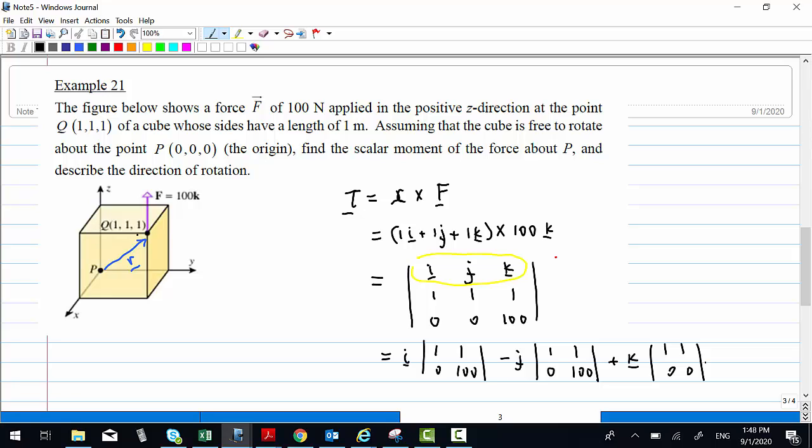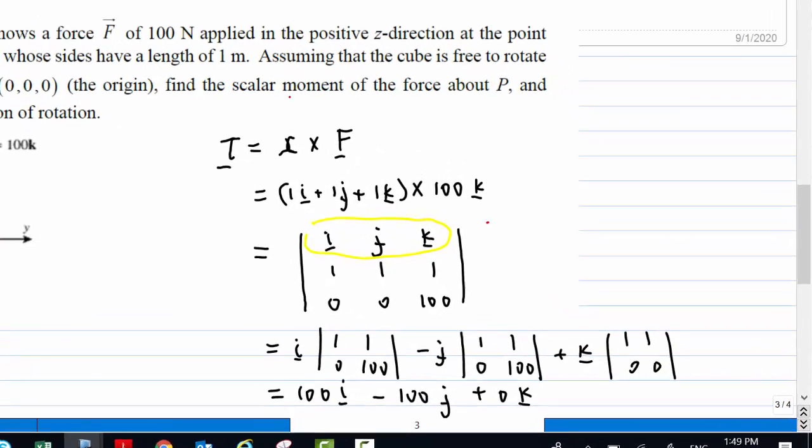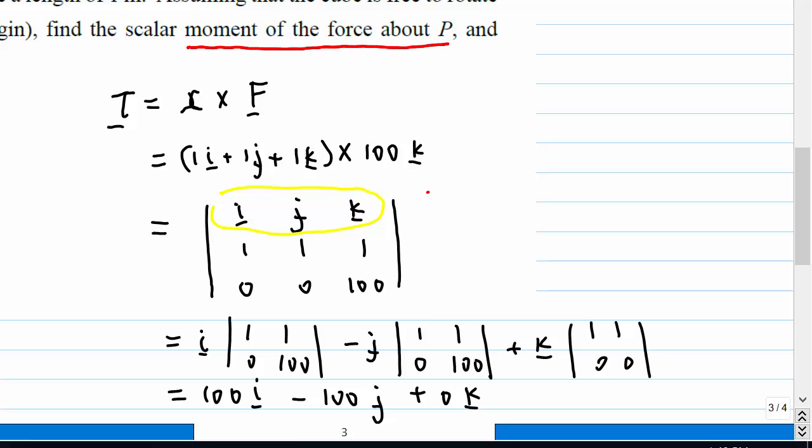And this will give you 100i minus 100j, and there is no k. This is the moment of the force about P.